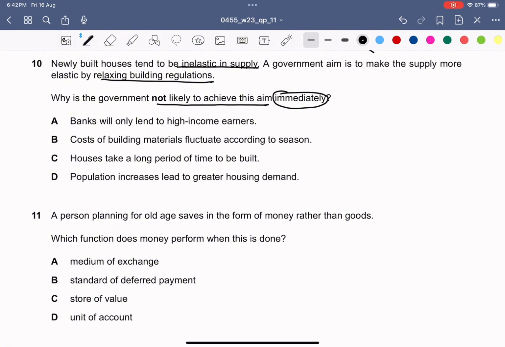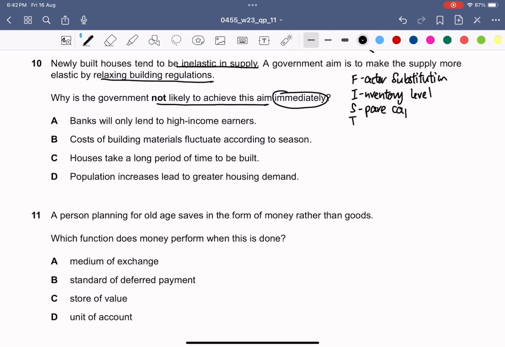And here is the mnemonic for the determinants of PES: FIST. Factor substitution, inventory level, spare capacity, and time. As we know, for PES to increase and become price elastic, any determinant here must increase.